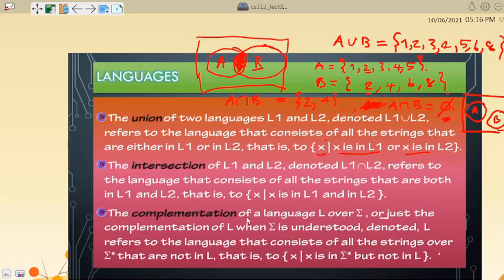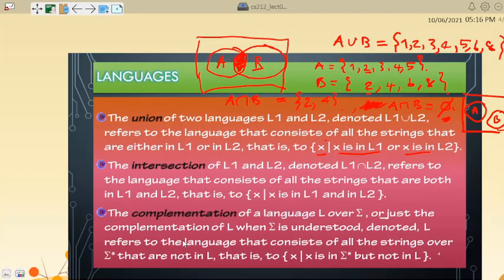In the Venn diagram for the empty set, it means that A does not cross with B, so we have A and we have B like this. There is no element in A that is also in B, or any element in B that is also in A. So that is the empty set for A intersection B.